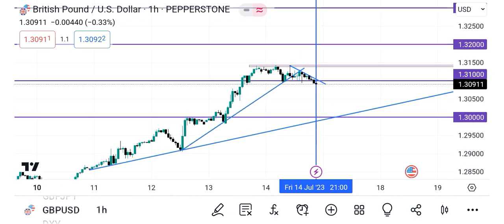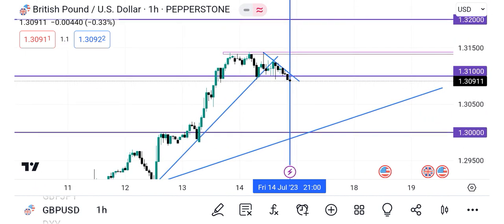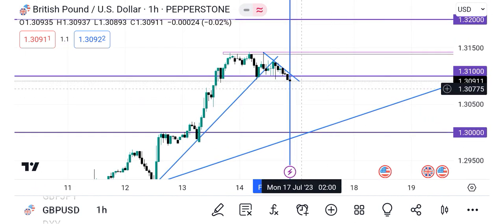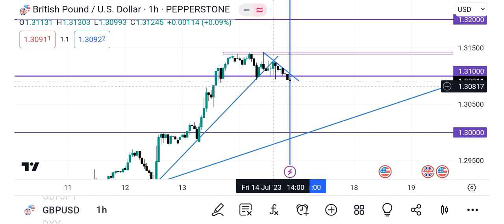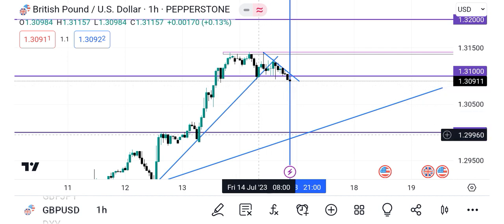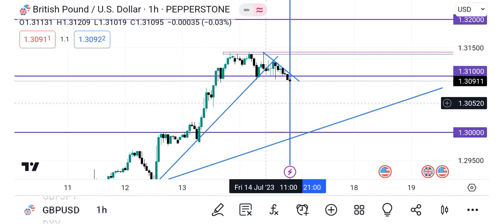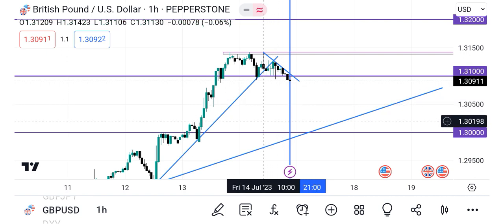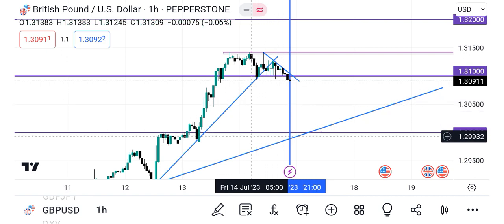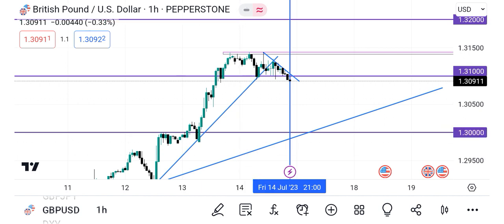Now, if we get a very clear retest of this trend line, of this area of value, then we're trading all the way down to 1.30500. And if it breaks 1.30500, then we're trading all the way back into 1.30000.